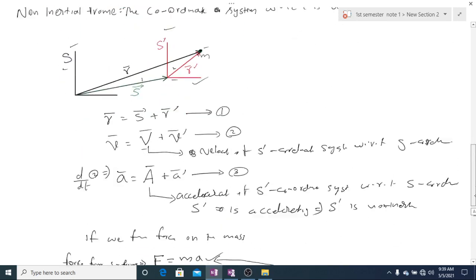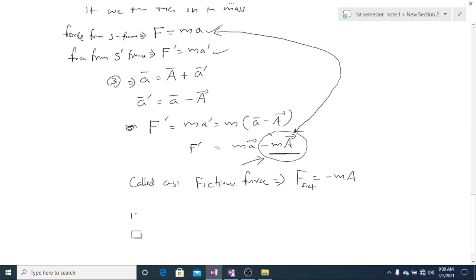If the second frame is not accelerating, if S prime is not accelerating, then capital A is equal to 0. A is the acceleration of S prime with respect to S. If capital A is equal to 0, then F prime is equal to ma minus 0, since this term will vanish.